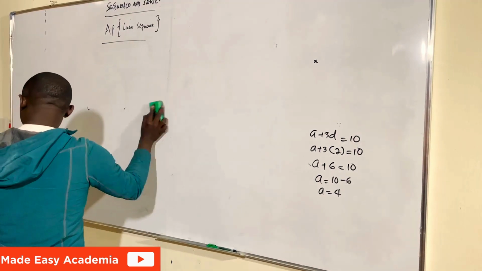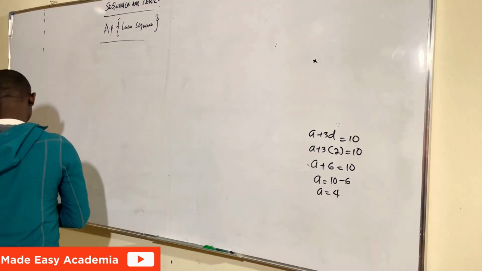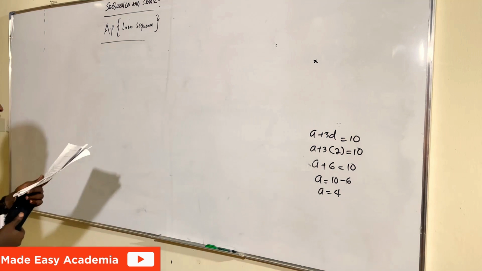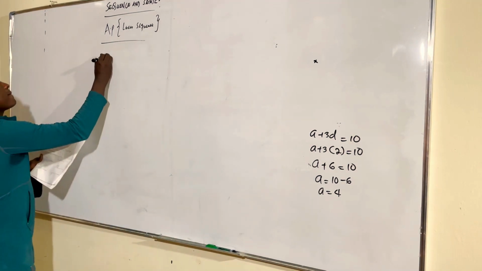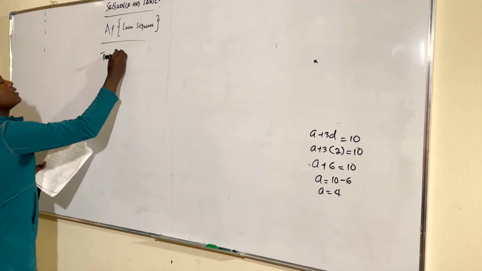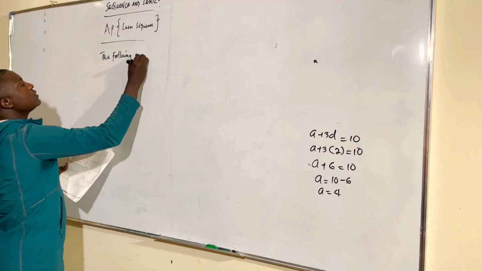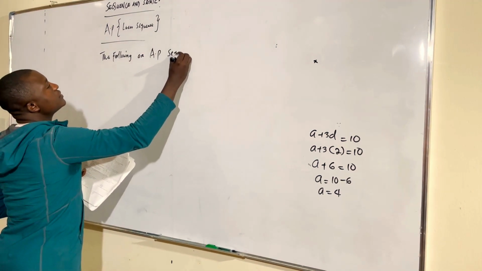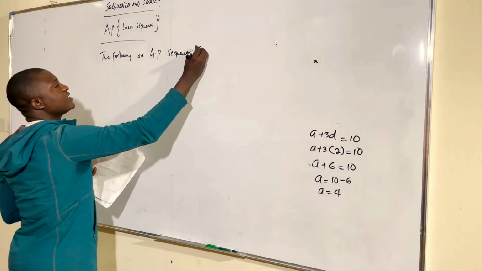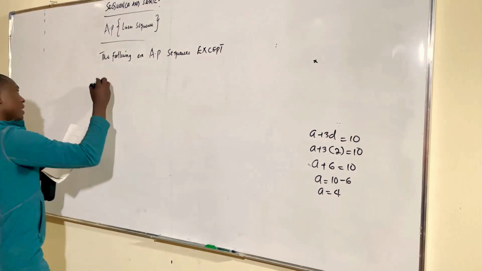In this problem, they said the following are AP sequences, except. We are asked to figure out which one is not an AP.